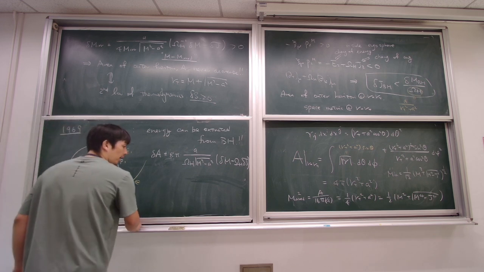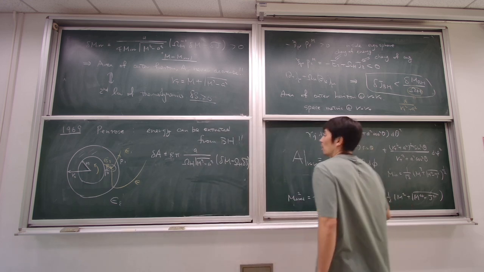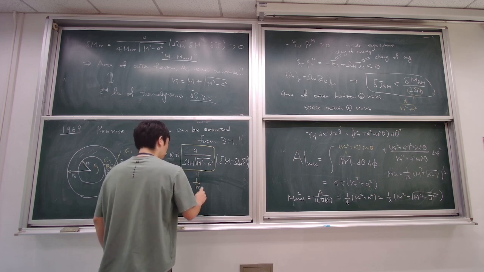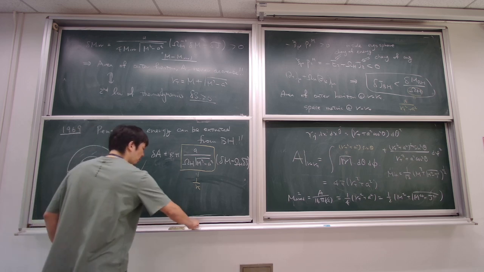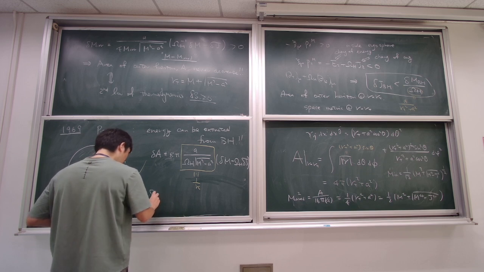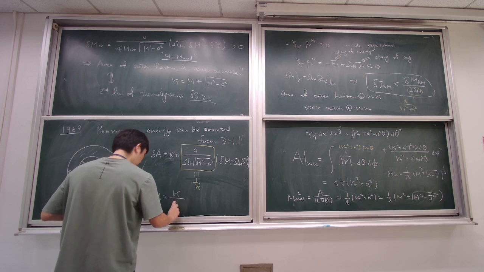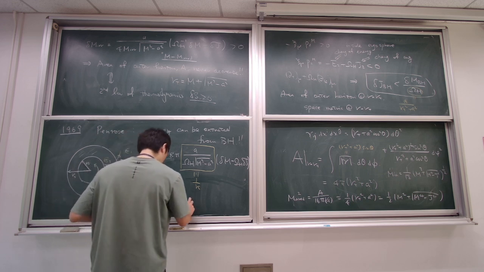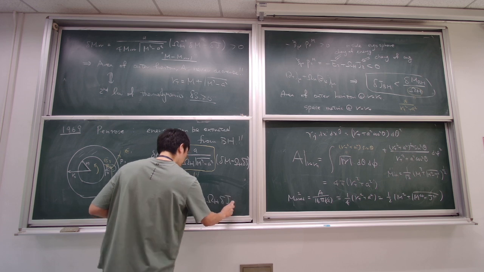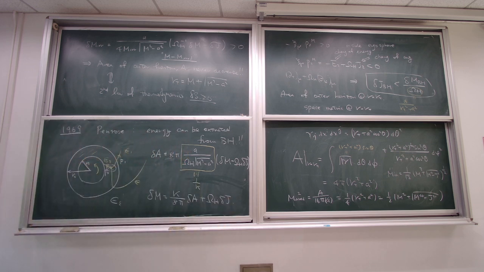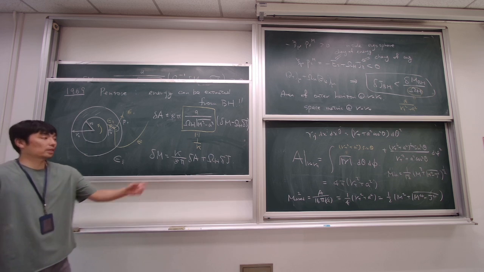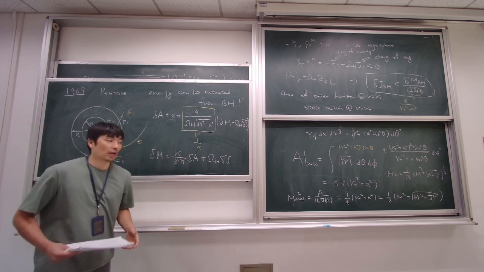I define this quantity as 1 over kappa, just the definition. And then this law can be written as delta M is kappa over 8 pi delta A plus omega H delta J. That's how the area, mass, and angular momentum of a black hole vary.